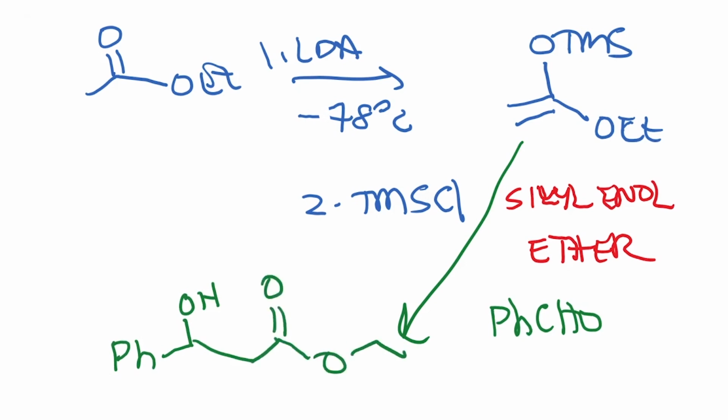Here again, let's keep the same numbering: 1, 2, 3. This is the bond that is formed. This is 4, and this is 5. So these are pretty straightforward reactions for us to carry out.